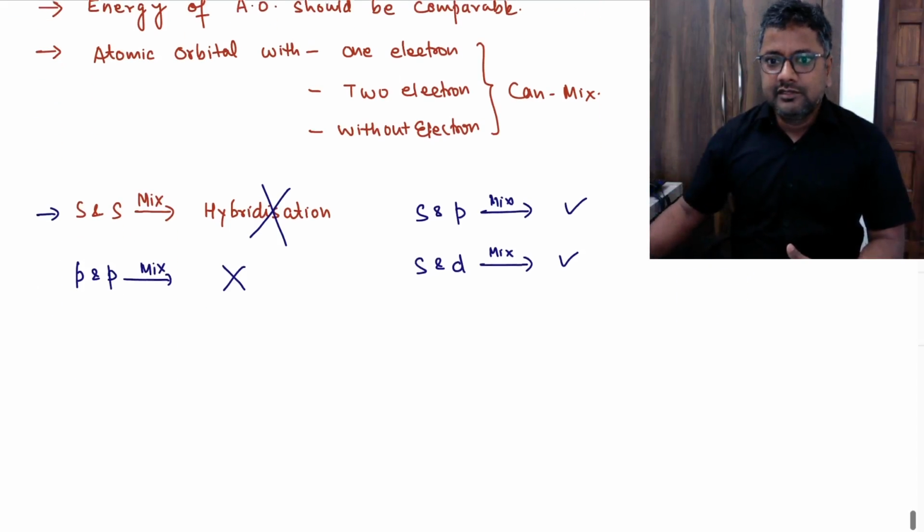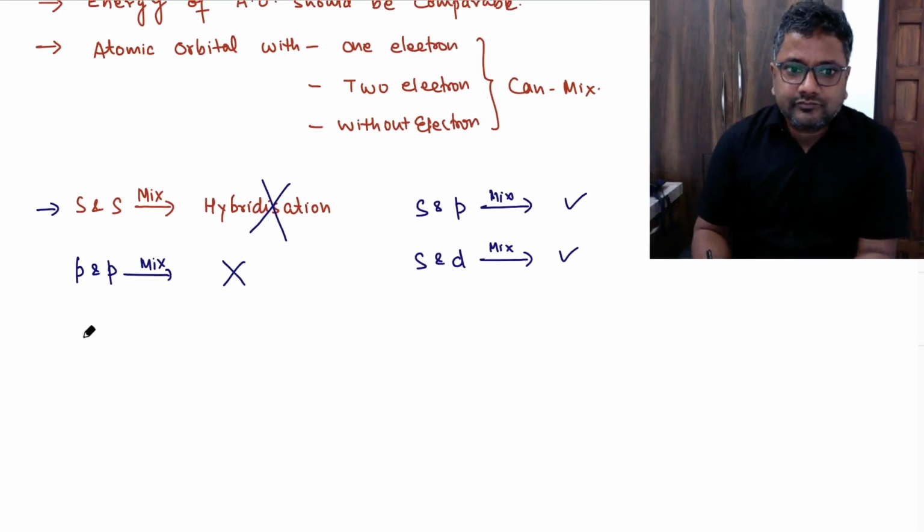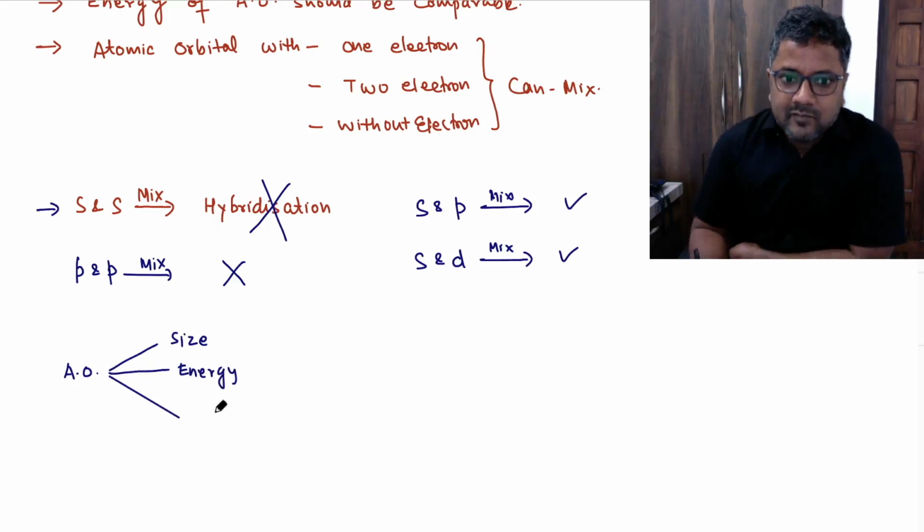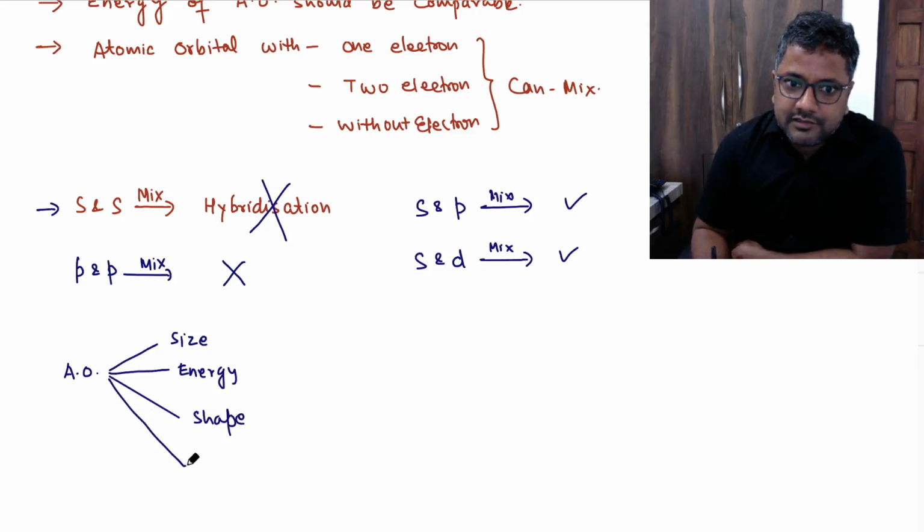So atomic orbitals have certain properties like size, like energy, like shape, like some orientation.